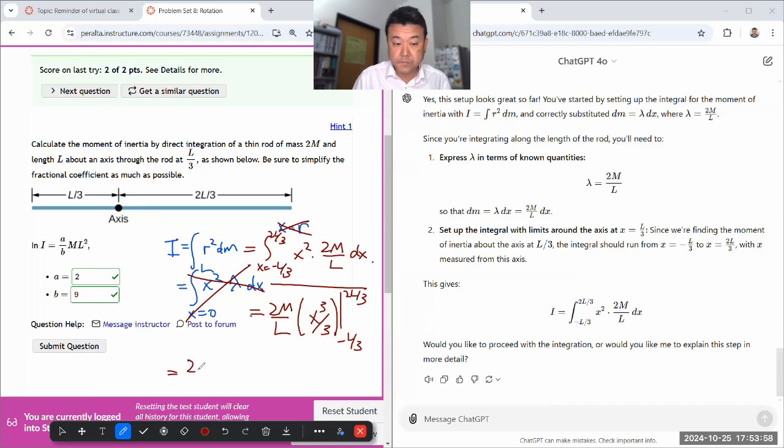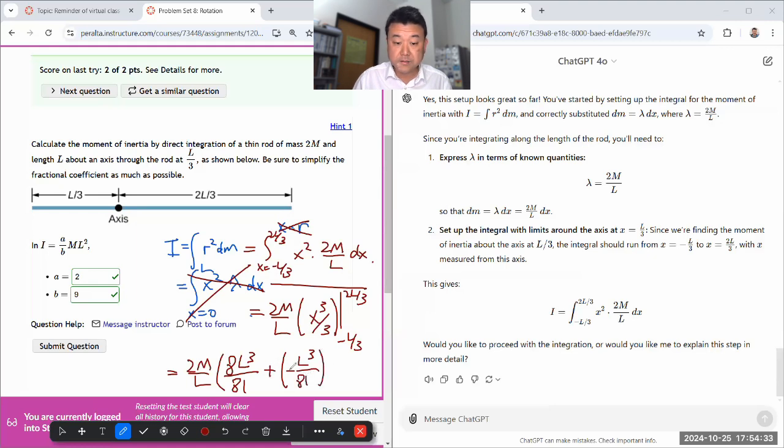You will get 2m over L times, plugging in the upper limit, 2 to the third power is 8, L to the third power divided by 3 to the third power, 27, times 3 in the denominator, 81. And then it's minus what you get by plugging in the lower limit, which would be minus L to the third power divided by 3 to the third power times 3, so 81.